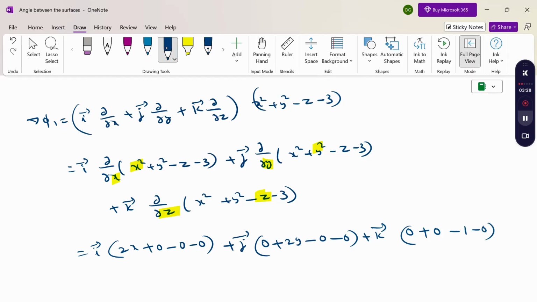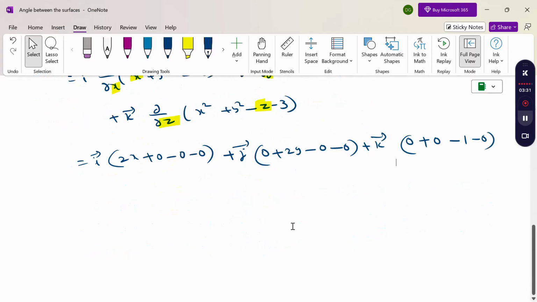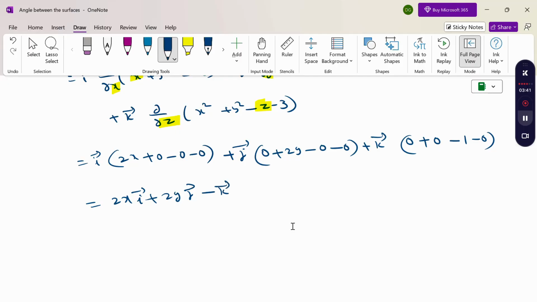Therefore del phi 1 is 2x i vector plus 2y j vector minus k vector.